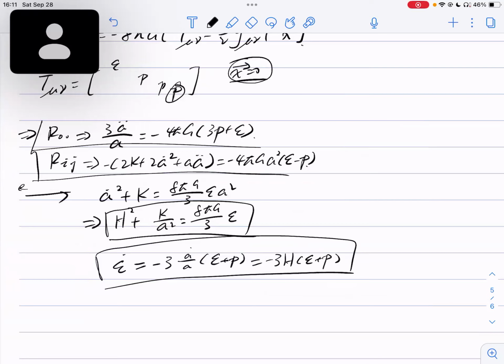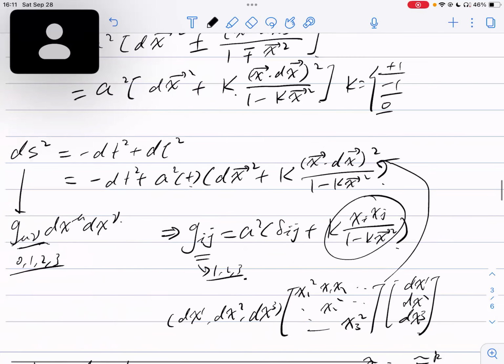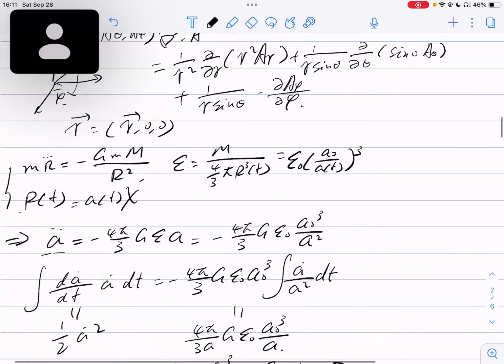And you can compare it with the Newtonian case, using the Newtonian equation here.